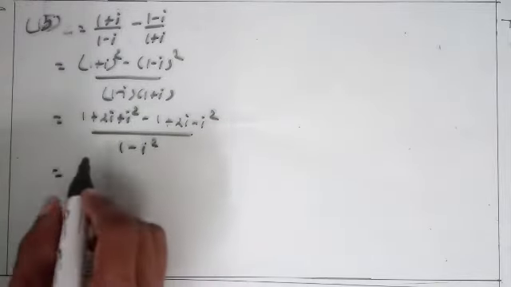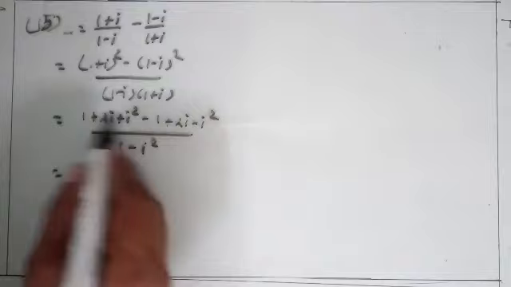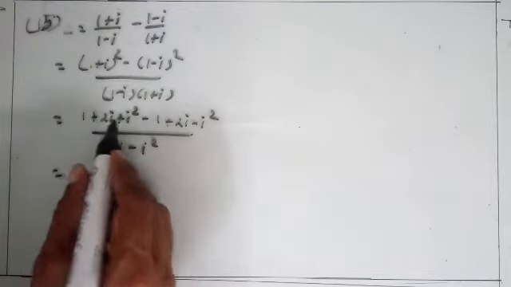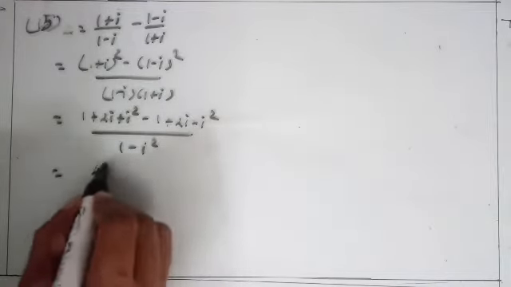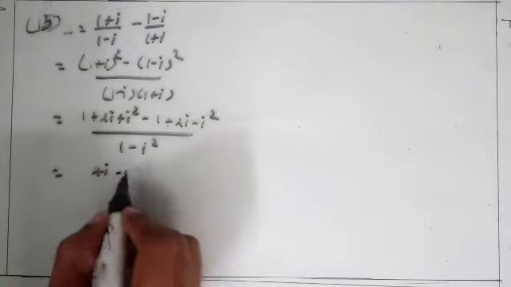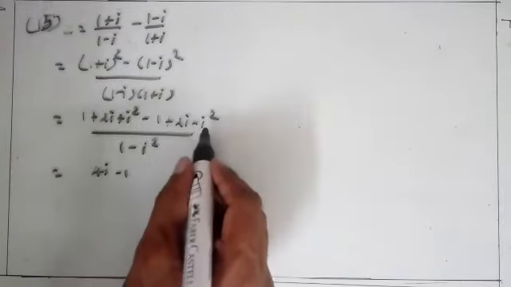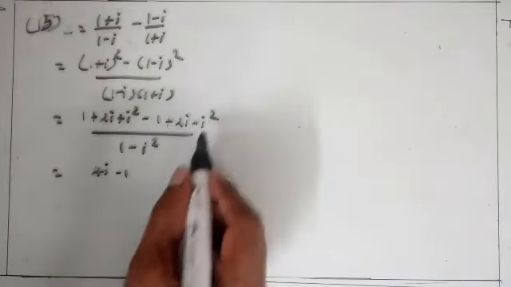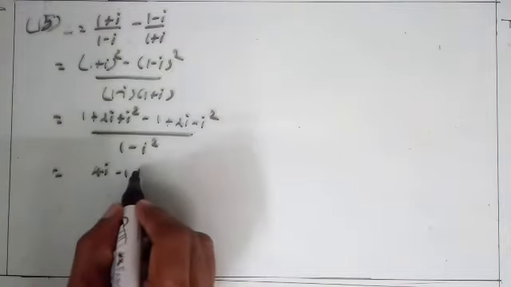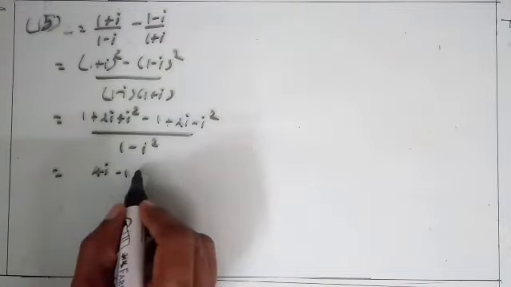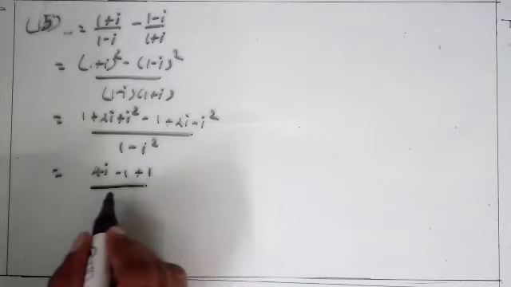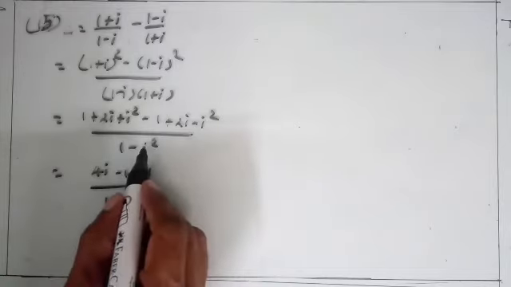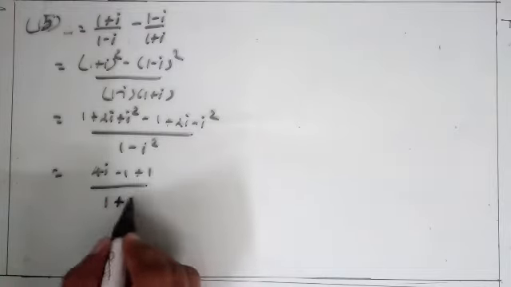Clear? So 1 minus 1 cancel. Here 2i becomes 4i. Here i square is equal to minus 1. So minus minus plus 1.